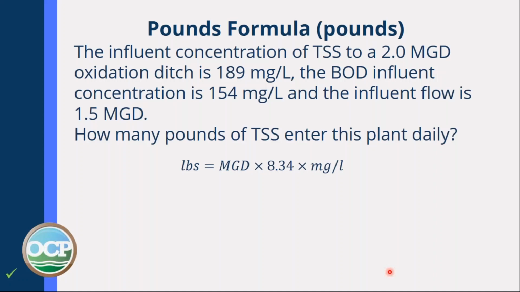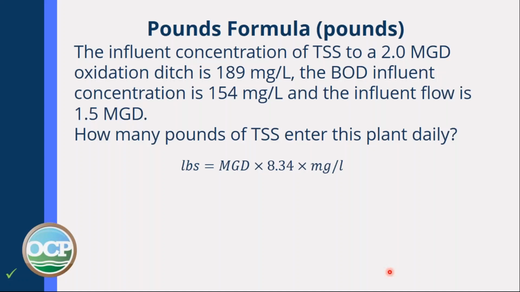The BOD influent concentration is 154 milligrams per liter, and the influent flow is 1.5 million gallons per day. The question we want you to ask is how many pounds of TSS enter this plant daily.